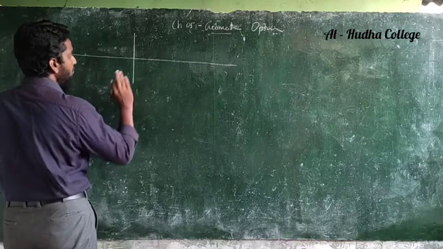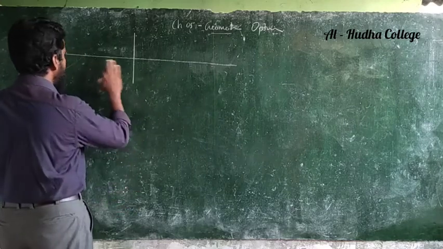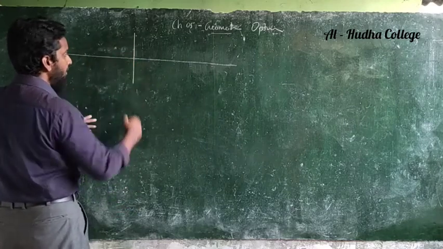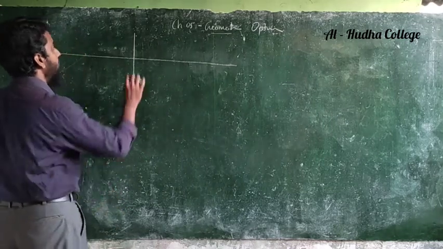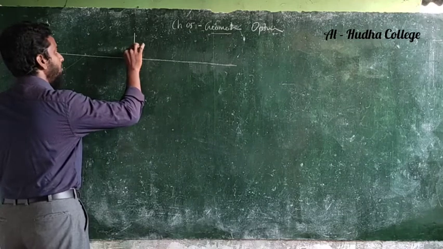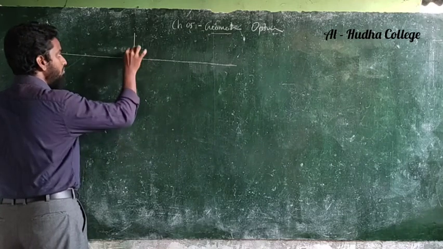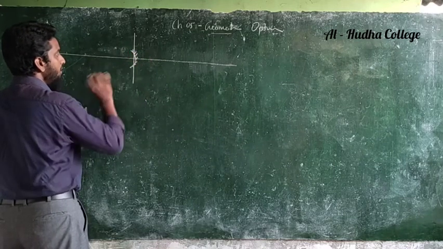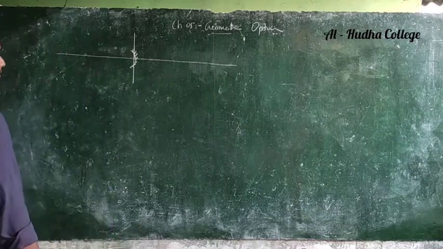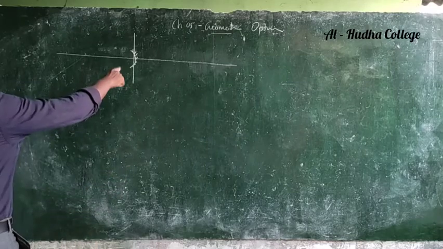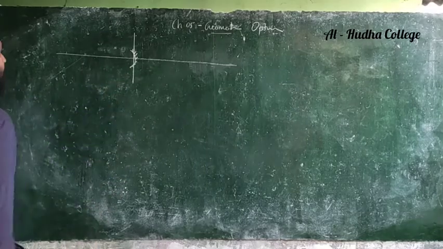After drawing the axis, we are going to draw the ray diagram. For this, I have chosen a concave mirror. To show that, I'll show just the mirror here.